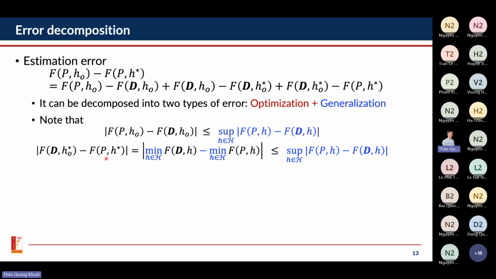And the second one, because S star is the best model, right? So we can write that to be like this, right? And this quantity can be bounded by this one. Okay, that's very simple, probably from maximums and minimums and something else, right?